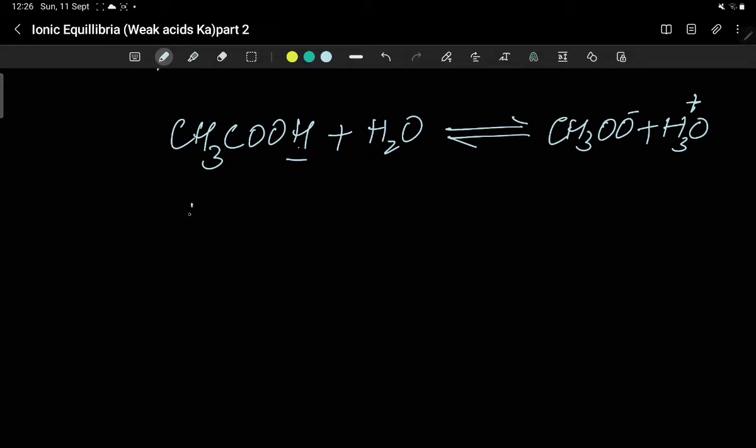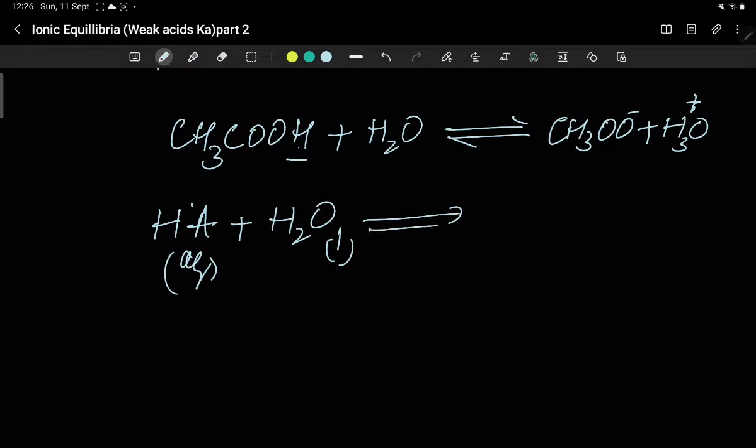We can write down this acid like this: weak acid plus water to form hydronium ion, which is equal to hydrogen ion, and this is A negative.